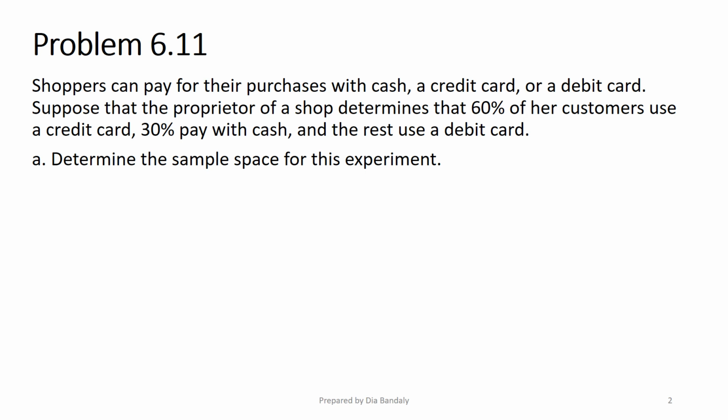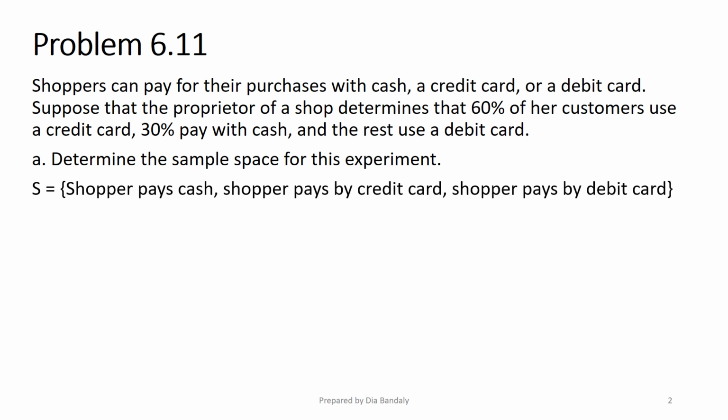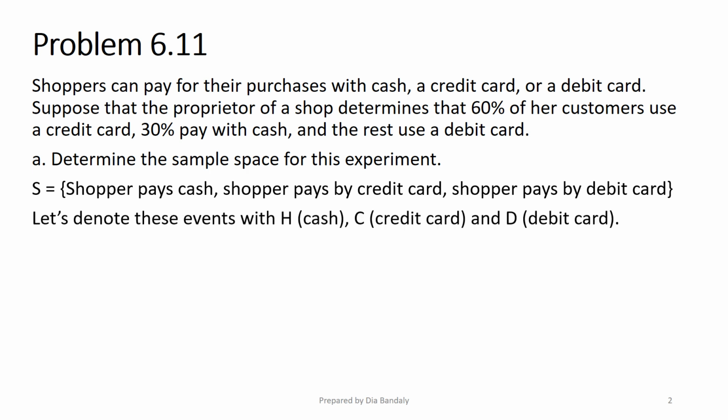So how many methods of payment here we have? 3, so that's it. This is our sample space. Now, for easiness later in relating to the probabilities of these events, I want to denote these with a letter. So H for cash, C for credit card, and D for debit card.